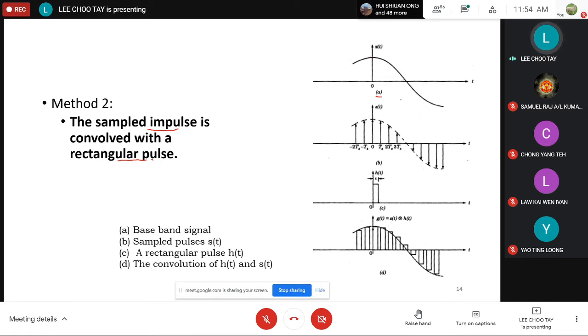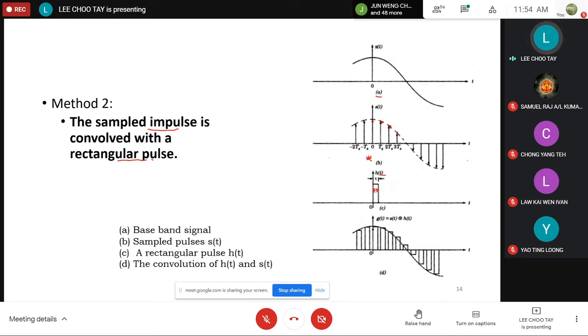Then the sample pulses have their height corresponding to the amplitude of the baseband signal. And then the rectangular pulse is called h(t). We have a rectangular pulse here with a short pulse width. We convolve these two.